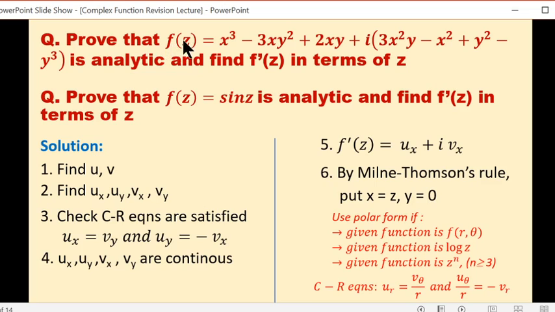Now, if f of z is given in terms of x and y, u and v identify करना बहुत easy है, correct? But if the function is given in terms of z, तो उसमें से आप u और v कैसे identify करोगे? I am still speaking about step number 1.